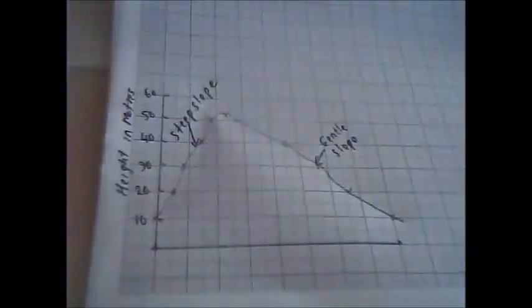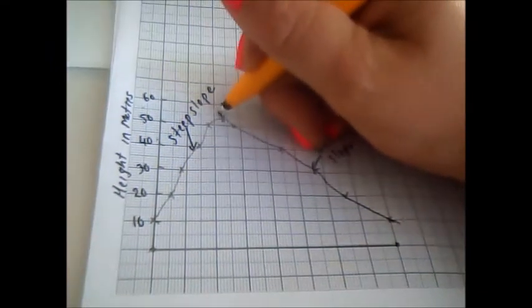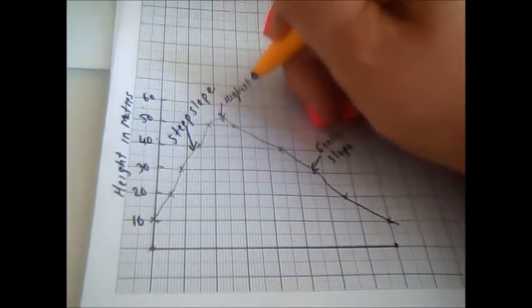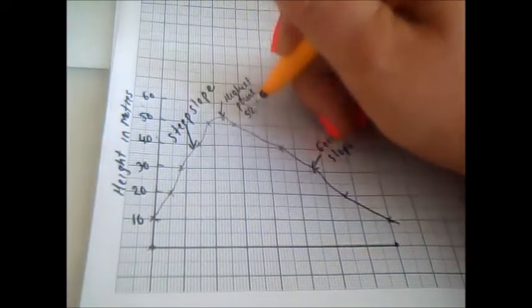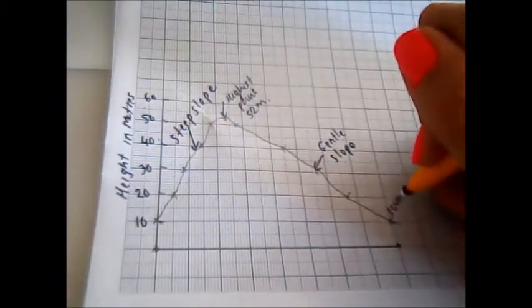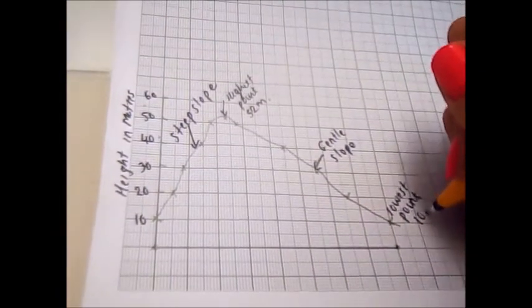Now you might want to add here, on here, highest point, 52 metres. You might want to add the lowest point, which we said was 10 metres.